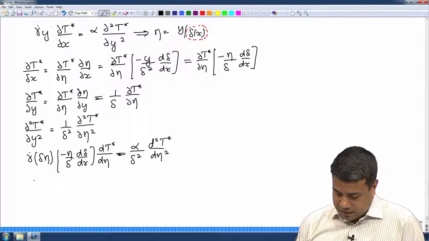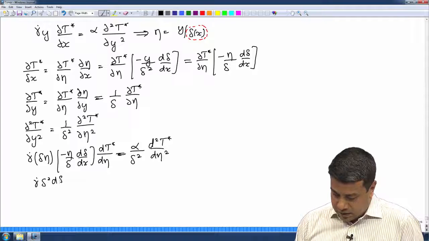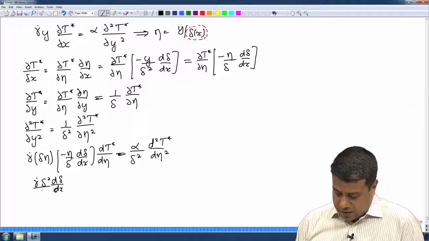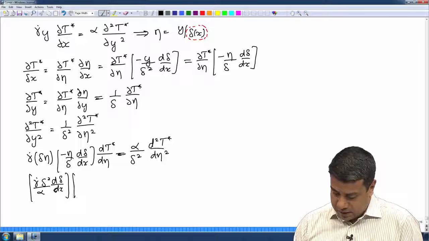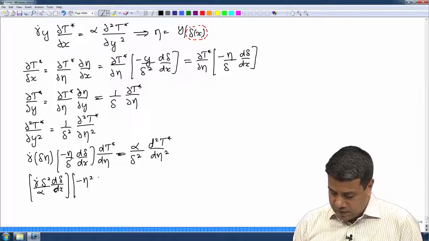What I will get is gamma dot delta square, d delta by dx, and there is a 1 over alpha, into minus eta square.